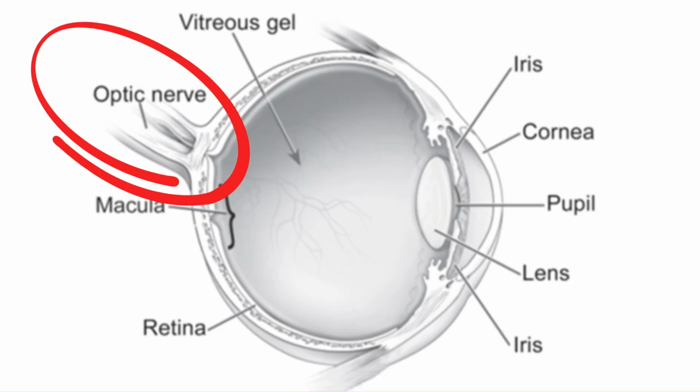The first thing to know is this eye condition is often abbreviated LHON. It occurs at the optic nerve area inside the back of the eye due to mitochondrial disease.